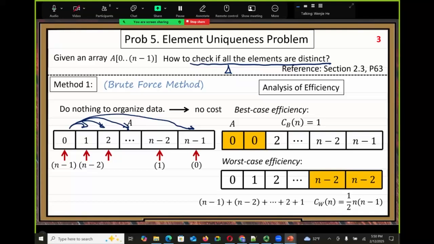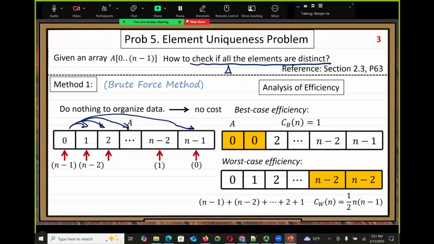If you have the history data, you can use the history data to give you some estimate of the probability. Then you can use that probability to do the weighted average.